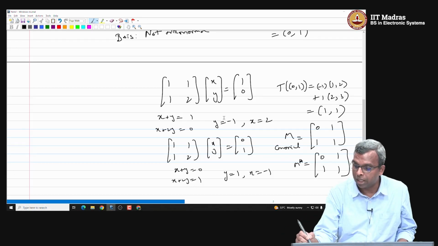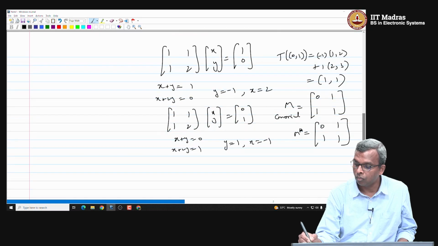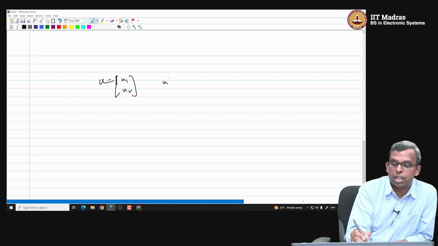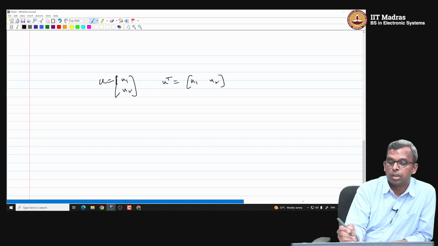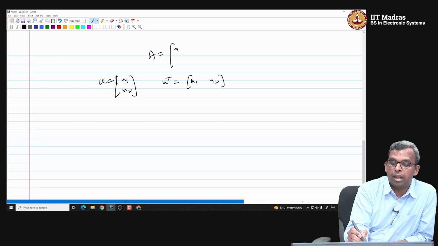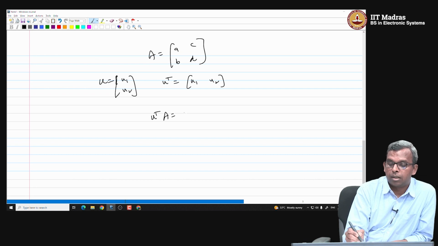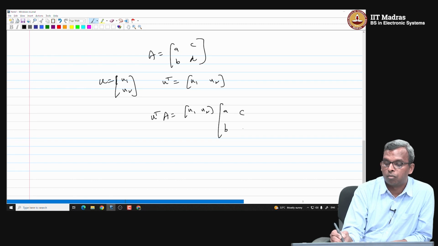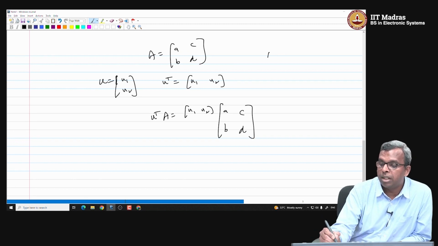Maybe I should just show you that, because you're seeing this for the first time here. So U is U1, U2. What is U transpose? The column becomes the row, so U1, U2. You have A being A, B, C, D. So what is U transpose A? It's actually U1, U2 multiplying A on the left. Normally we see AU.